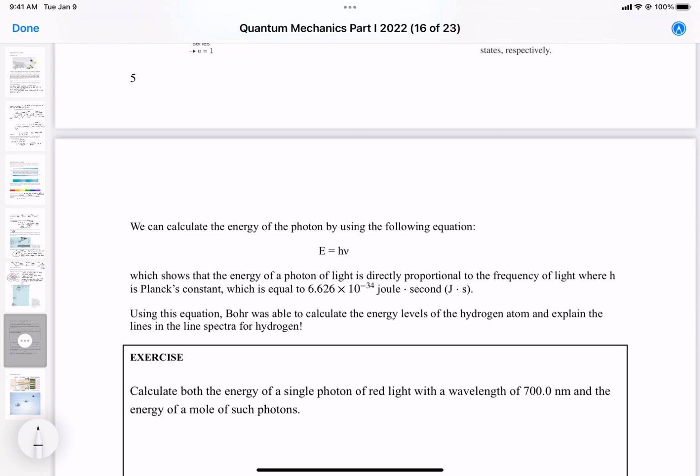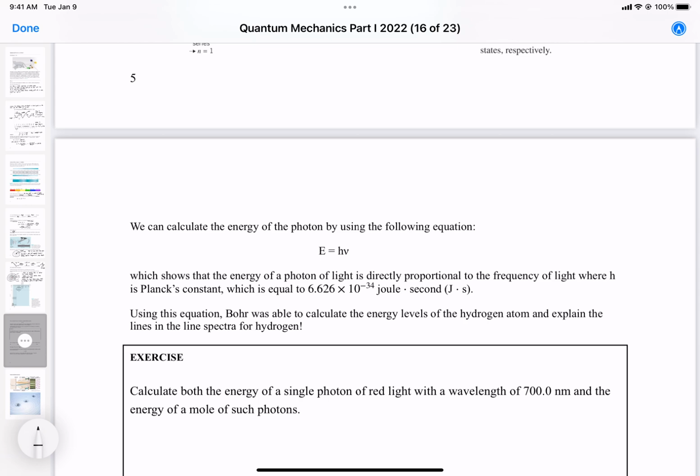Planck determined that to relate energy to its frequency, there was a constant associated with every type of light, and that's known as Planck's constant. So a very important contribution. It shows that the energy of a photon of light is directly proportional to the frequency of light.